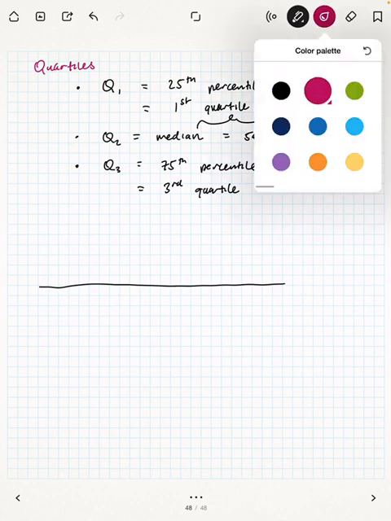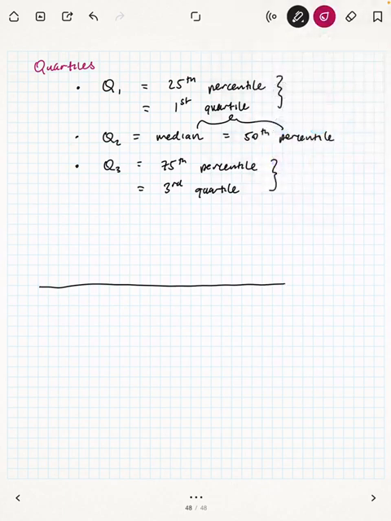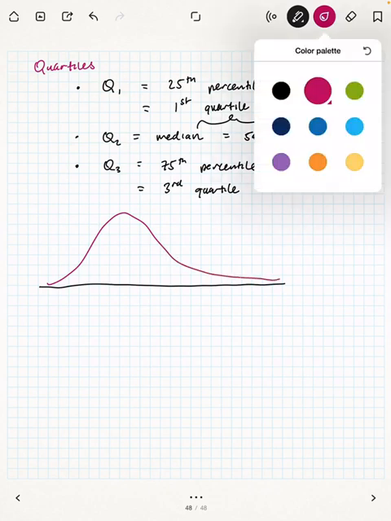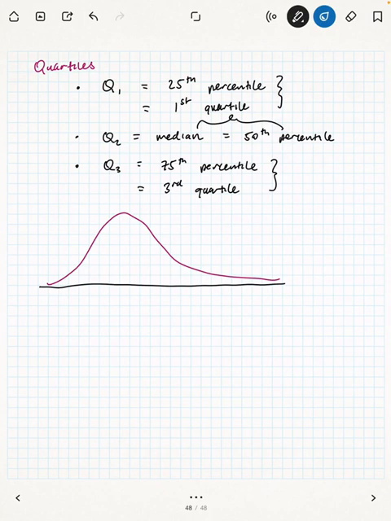So if your distribution looks like this, maybe that's the trace of the histogram, then we're saying, okay, half of the distribution, wherever that line is, that's your median. Split the lower half in half again, and now you've got Q1, and split the upper half in half, and you've got Q3.